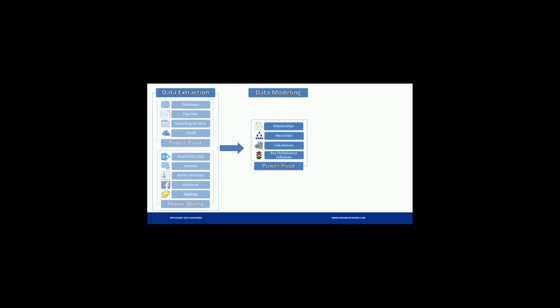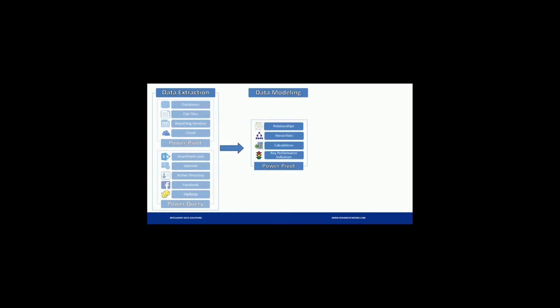Now, for the data modeling layer here, data modeling is all done through one tool, and that's PowerPivot again. Now, PowerPivot is going to give you the capabilities of doing things like this, where I can create relationships between multiple heterogeneous sources here. I'm pulling in multiple sources. Maybe I have on my Oracle system, I have my HR data and on my DB2 system, I have inventory, and on SQL Server, I have my time card entry, and I'm trying to pull all that data in together in one source.